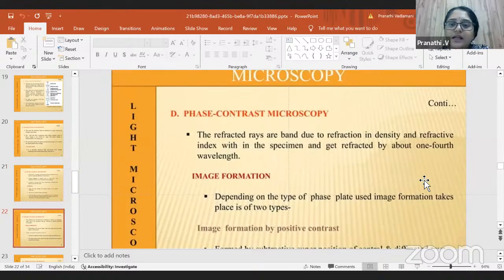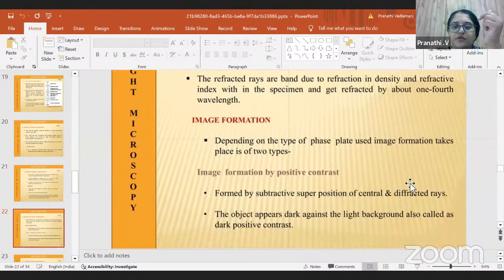Again, in phase contrast microscopy, the refracted rays are retarded due to the difference in density and the refractive index within the specimen, and they get shifted by about 1/4 of the wavelength. So you're going to use a phase plate for image formation.